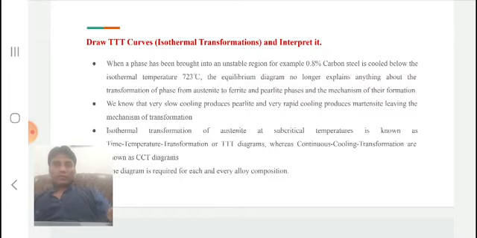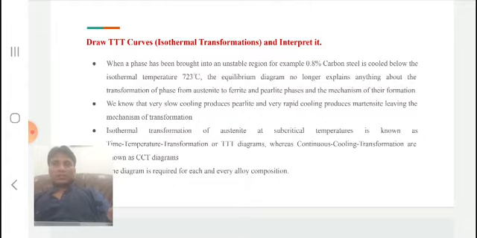But we know that very slow cooling produces pearlite and very rapid cooling produces martensite, leaving the mechanism of transformation. Isothermal transformation of austenite at subcritical temperatures is known as time temperature transformation or TTT diagrams, where continuous cooling transformations are known as CCT diagrams.